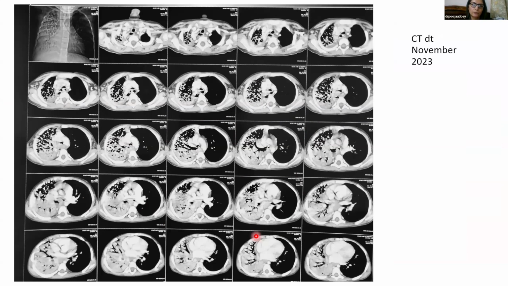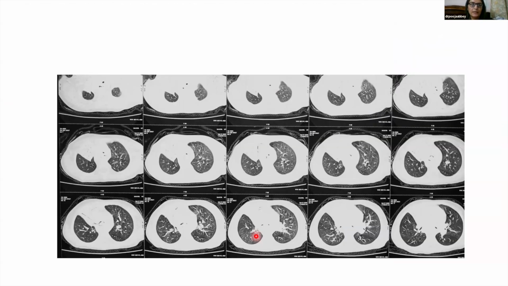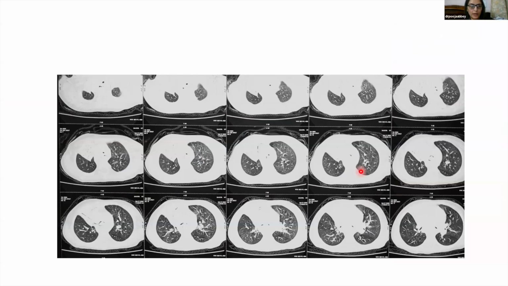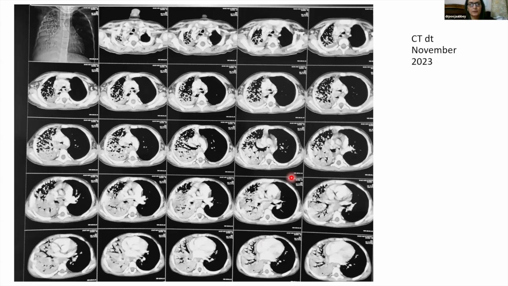But one thing for the residents is that please always evaluate the airway, especially in children, because so many airway pathologies are there. And sometimes on the mediastinal window you can miss airway pathology. So the lung window is not only meant to evaluate the lung structures but also the airway. So do remember that, because for foreign body aspiration, many times there won't be any history.